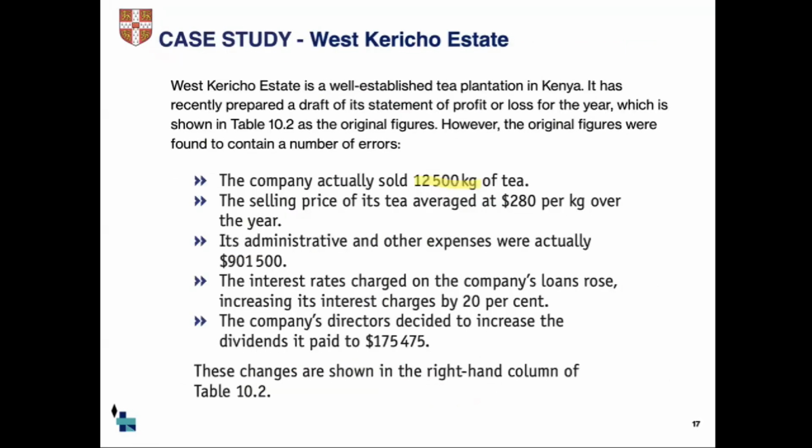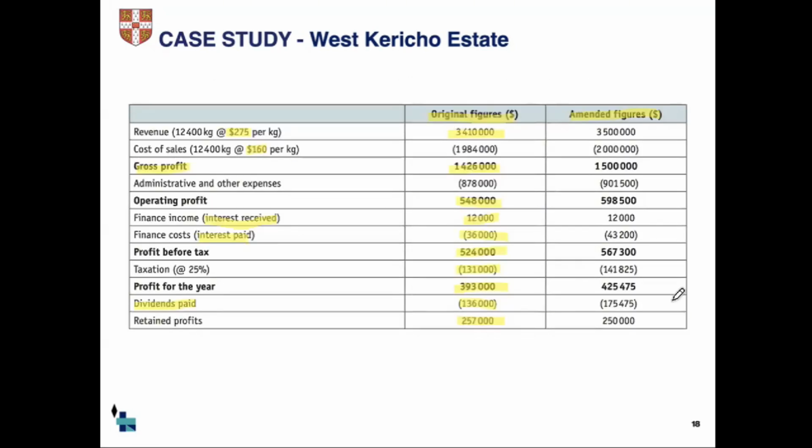So if the actual quantity of tea sold was not 12,400 but 12,500, the figure for revenue should increase. So instead of 12,400, which is captured here, if we use 12,500 kilograms to calculate the revenue, it will give us a different figure. All right, so that's the first change that you should take note of.